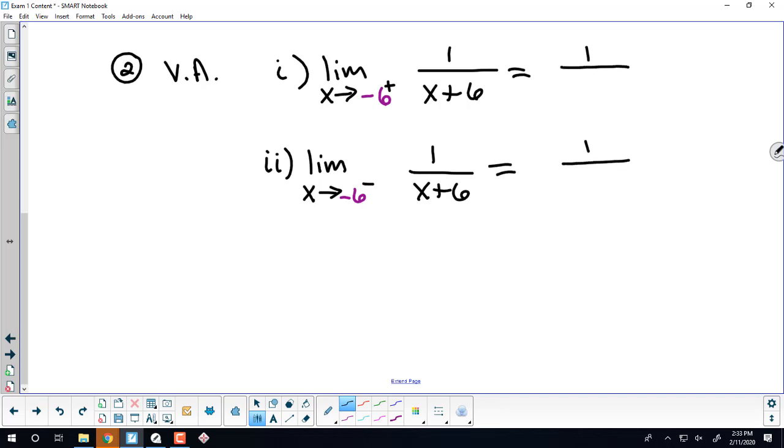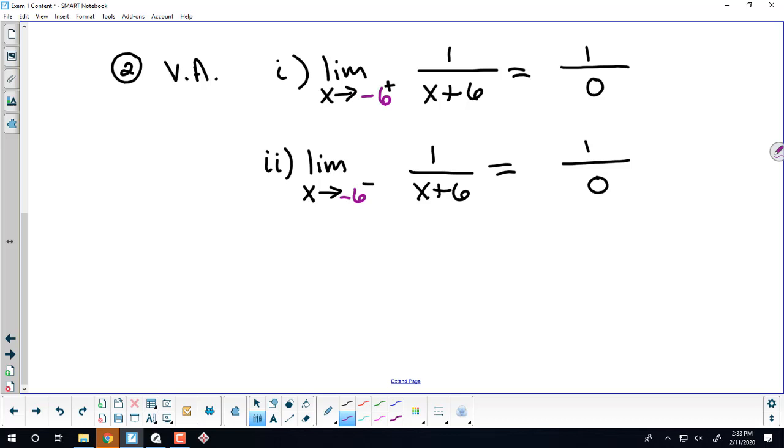As x approaches -6, the numerator is fixed at 1. It's super clear that the denominator is approaching 0. So we know we're going to get infinity or negative infinity out of both of these. We just need to look at the sign. As we approach -6 from the right, x plus 6 approaches 0 through what values? Positive or negative values? Positive values, right?